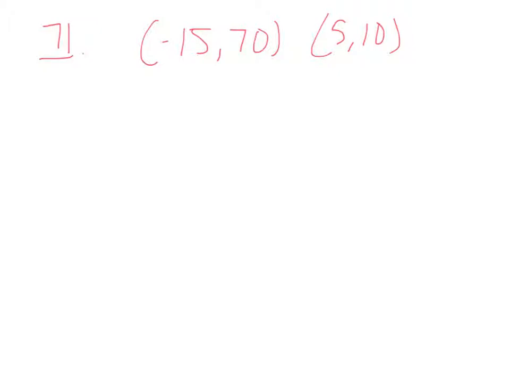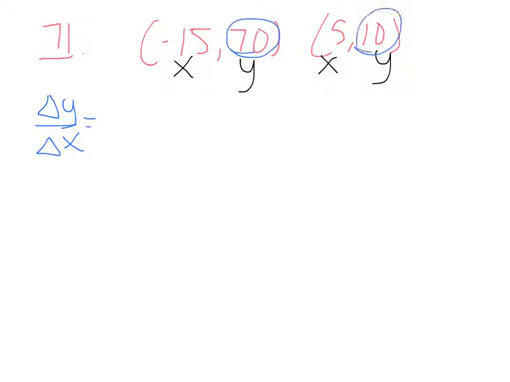In problem 71, we want to find the equation of the line that goes through these 2 points. What I'm going to do is label my x's and my y's before I calculate anything. If you remember what we talked about in class, we said change in y over change in x. So if I look at my y's, I'm going to take 70 minus 10, finding the difference, which gives me 60.